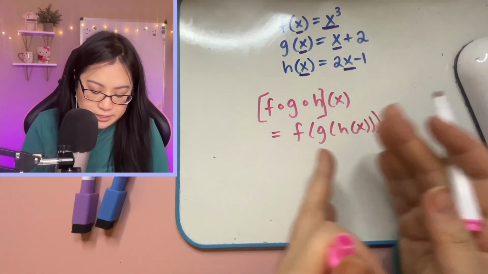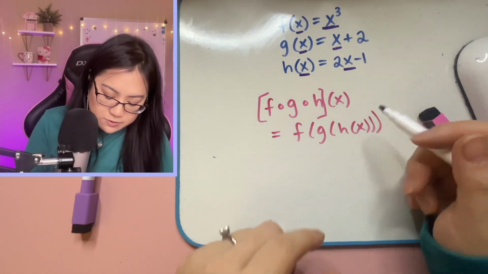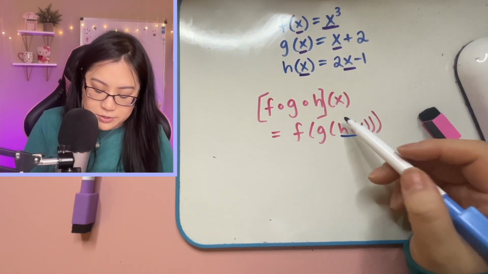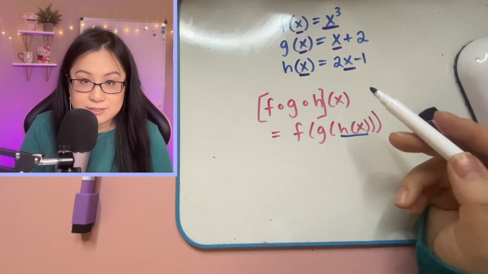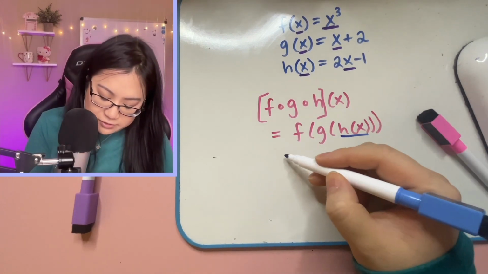I work inward out, so I have h of x, and I'm going to put that as an input into g of x, and whatever I get there, I'm going to put that as an input into f of x. So I start from right and I move leftward.